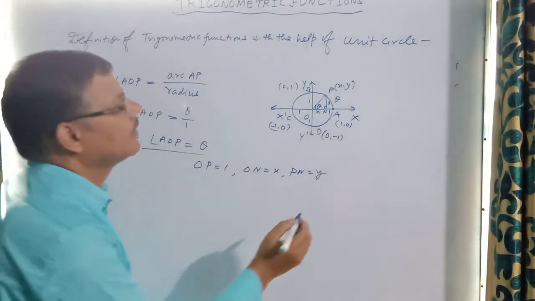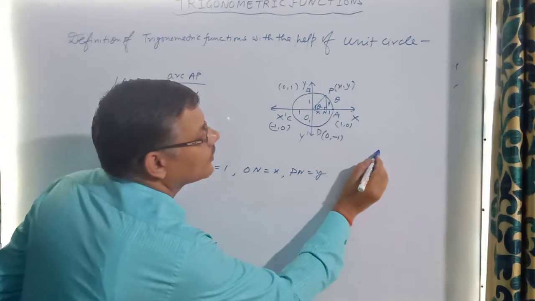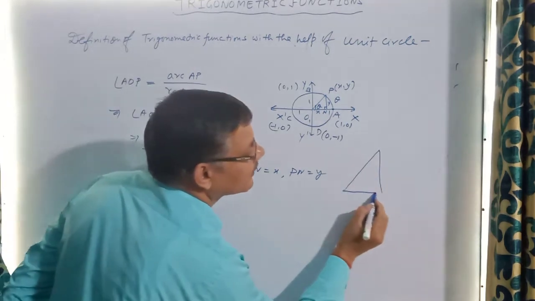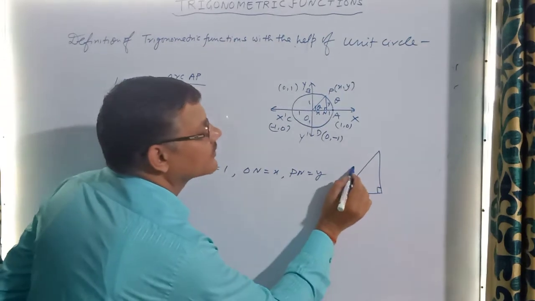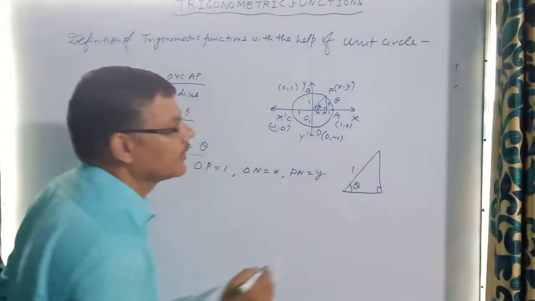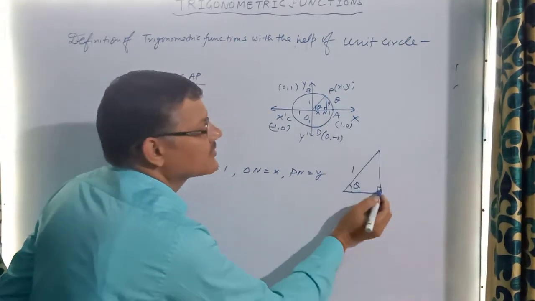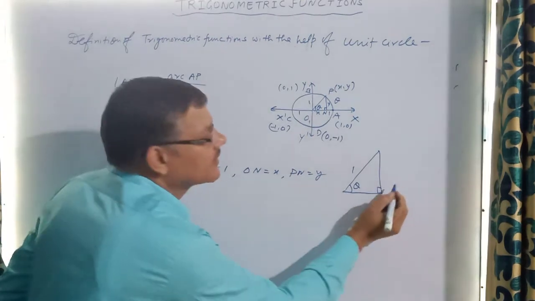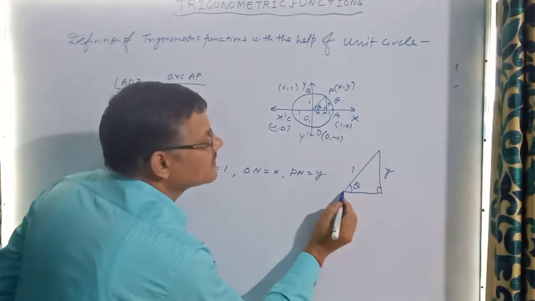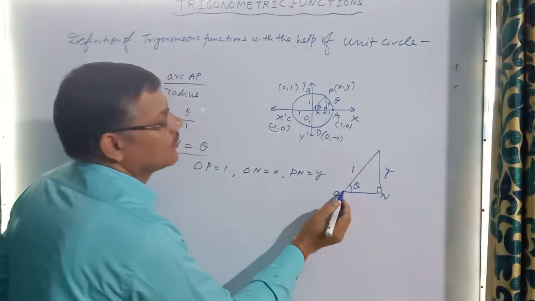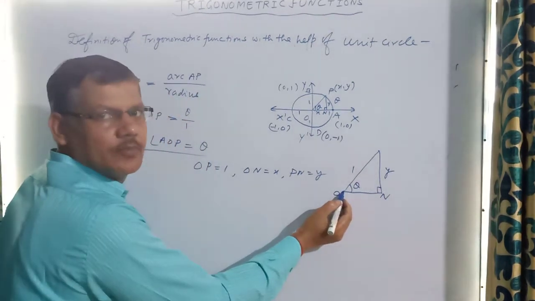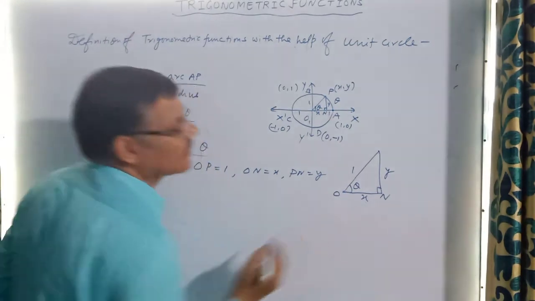So in this triangle we get, this is 90 degrees, this comes as theta, and actually it is the radius of the circle, 1 unit. Since it is the perpendicular distance of a point from the x-axis, that's why it is called ordinate. Since this ON is the perpendicular distance of the point from the y-axis, so it is x.